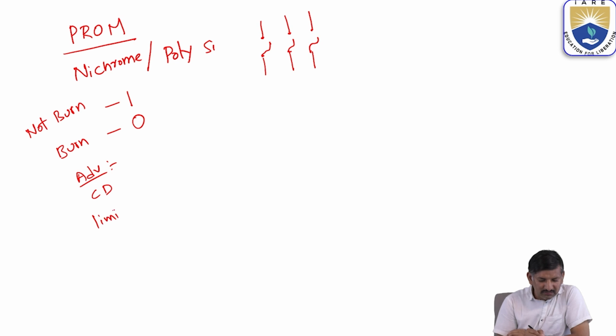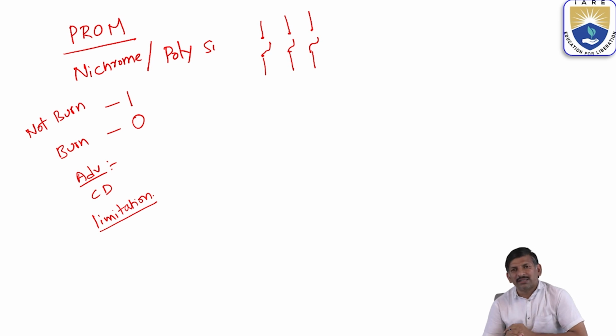Limitation is, only one time. In case of CDs, we can program the memory device only one time. Once it is programmed, reprogrammability is not possible in that memory device. That is the limitation of programmable read-only memory.